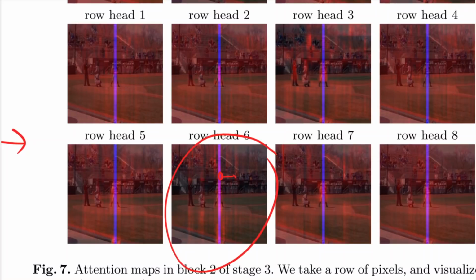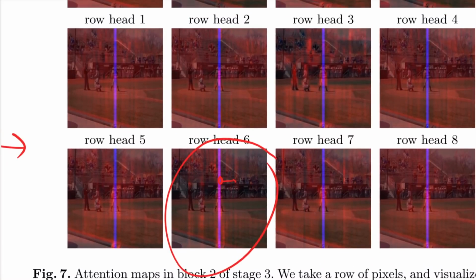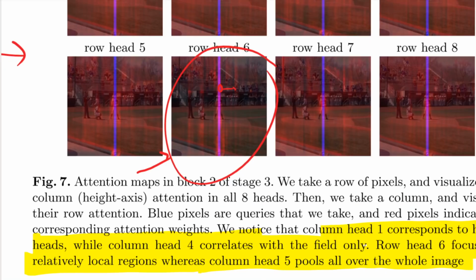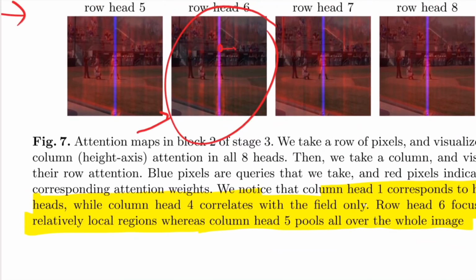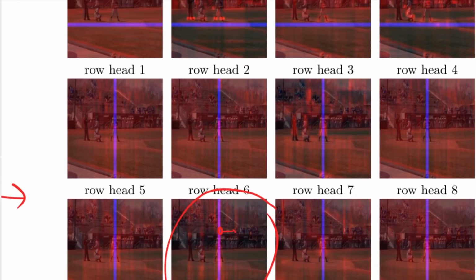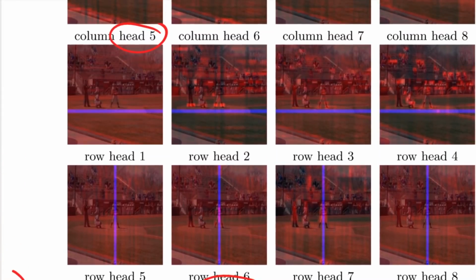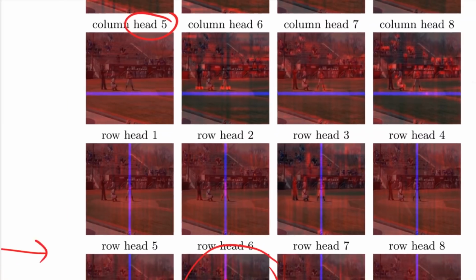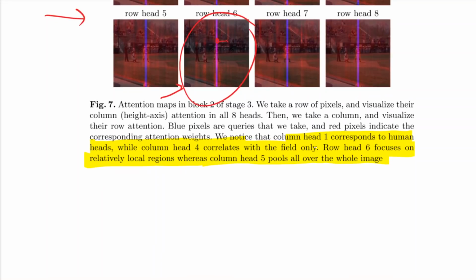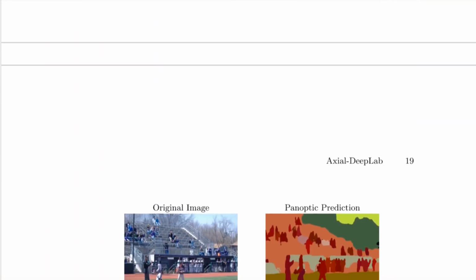So we need to come up with something that we can say. And then you're like, there's not a lot of attention, so we need to contrast this with something. Then you would think that they contrast it with another row head. But then there's no row head that does this whole image. So there's column head 5. Yeah, I'm not sure, there's a bit of tactical writing going on here, I suspect.